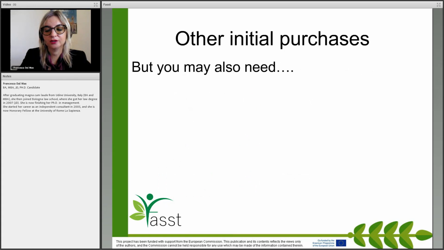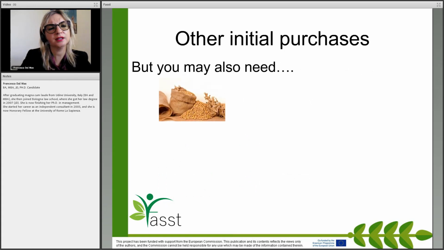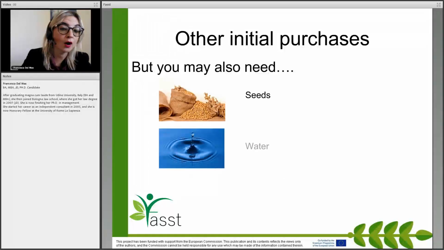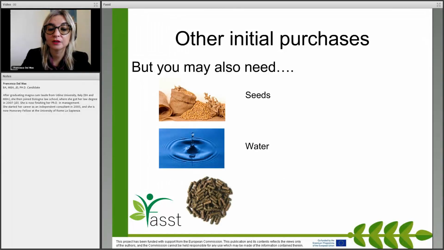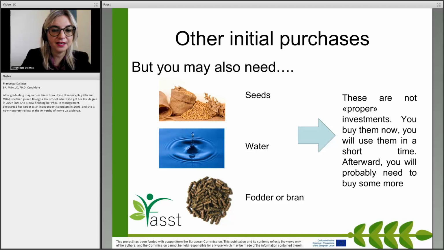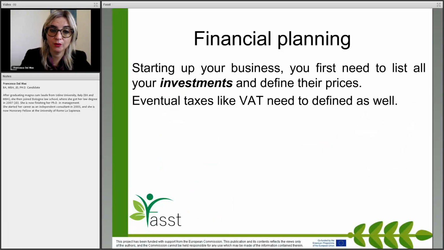But starting up your business, you might also need other things like seeds or water or fodder or bran. In this case, these are not proper investments. You buy them now, but you will use them in a very short time, and afterward you will probably need to buy some more.